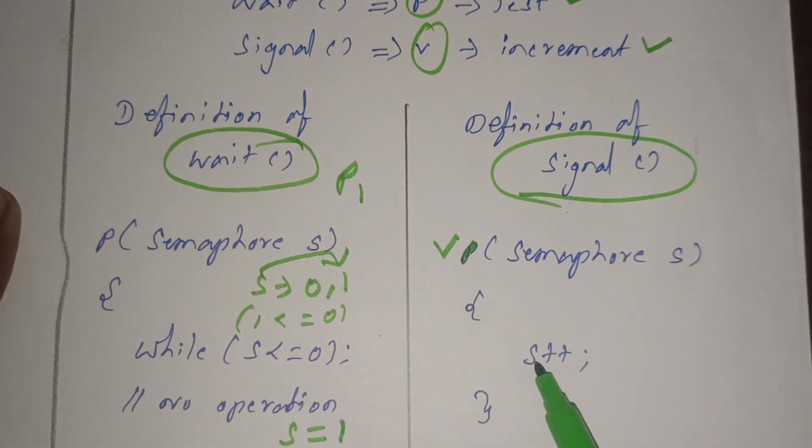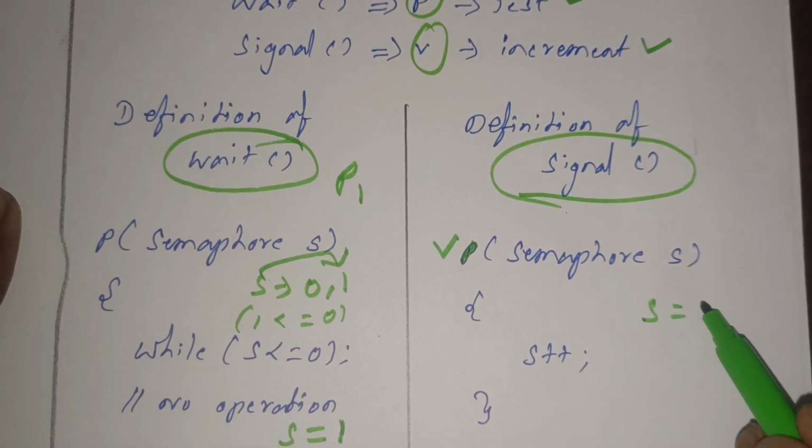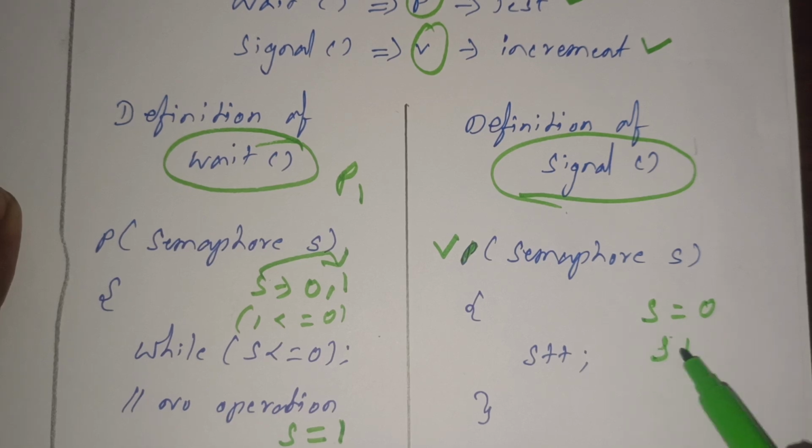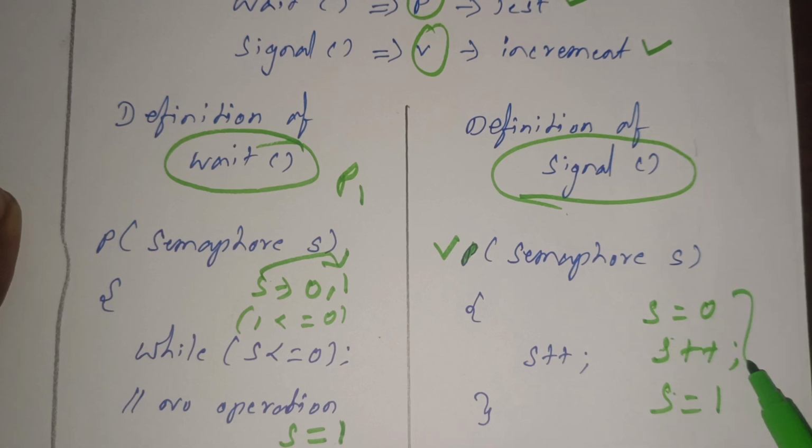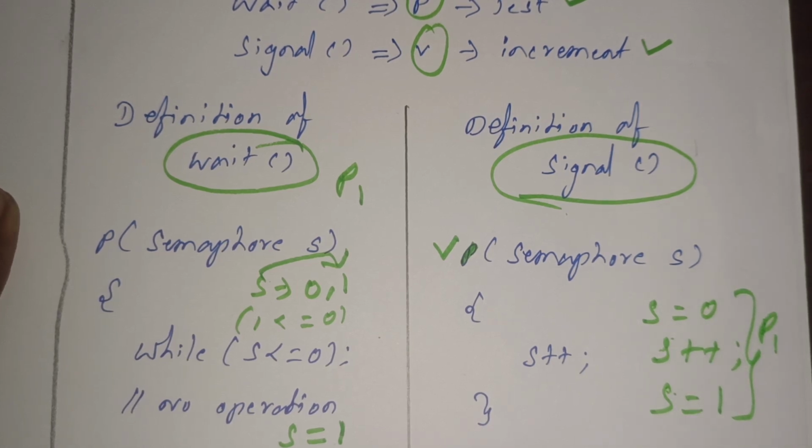Now the value of the semaphore will be incremented. After P1 entered, it set the value of S equal to 0. Now S is equal to 0. Now S will be incremented, so S is equal to 1. This is done when P1 wants to go out of the critical section.